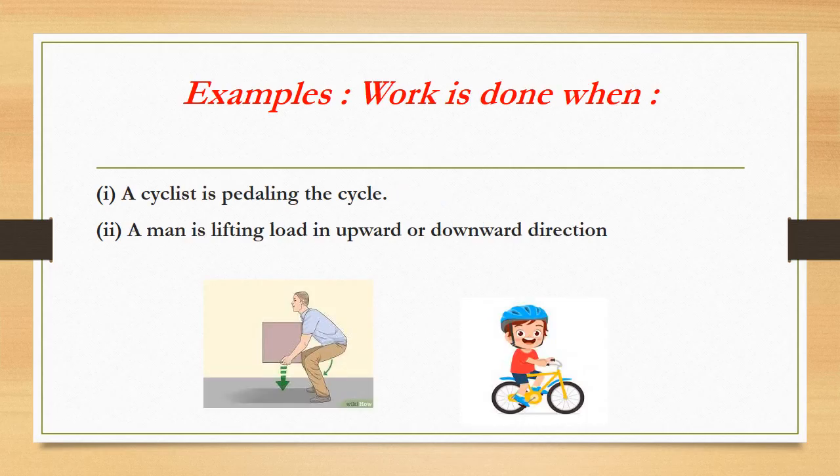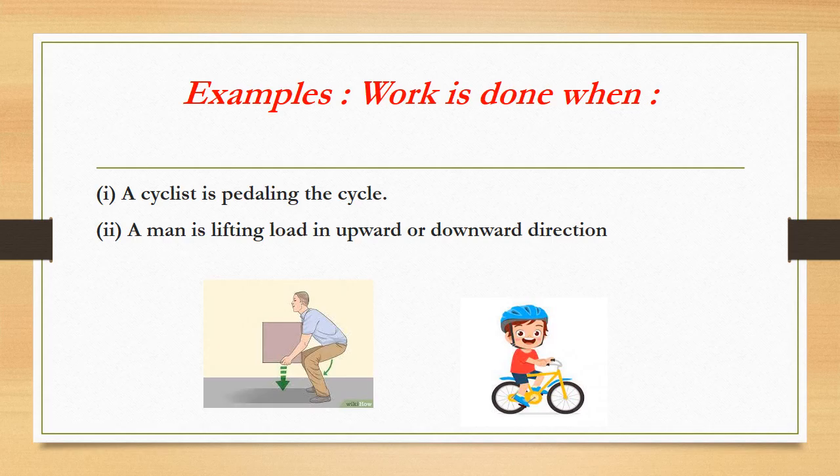So we can consider some examples when work is done. A cyclist pedaling the cycle. You know that the boy is applying force and the cycle is moving. So both the force and displacement are taking place. So work is done. Then a man is lifting a load in upward direction.